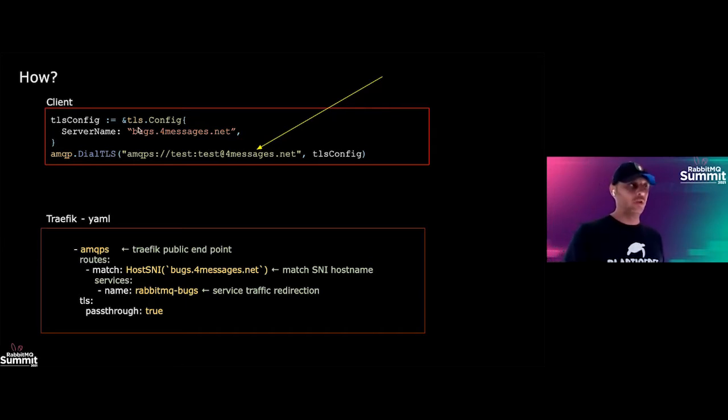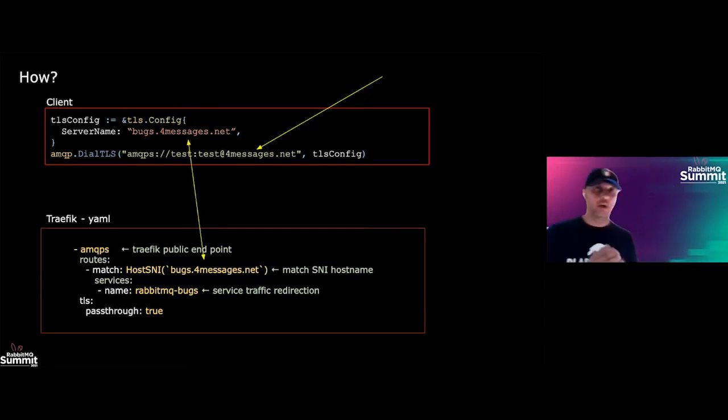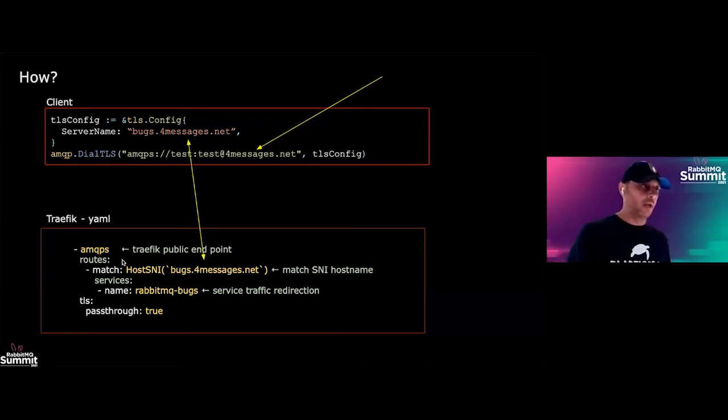You don't need to access bugs.formessages.net. You can always use this domain, and then thanks to the Traefik binding, you can redirect the traffic from the public endpoint. This MQPS basically is this one.